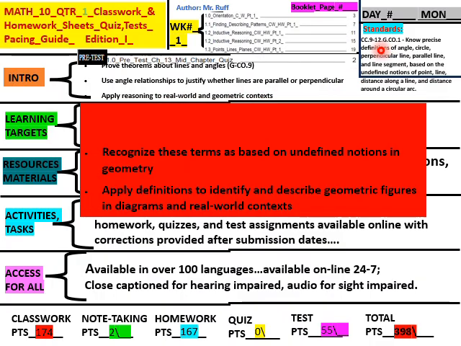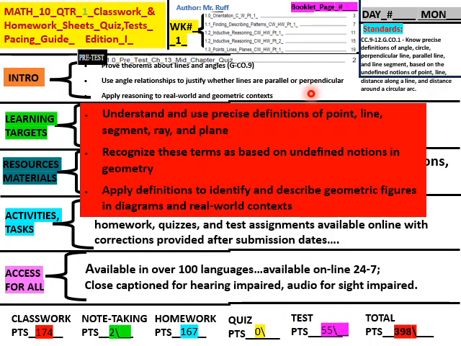And again, another basic standard in week 1 is Common Core 9 through 12, G.CO.1: know precise definitions of angle, circle, perpendicular line, parallel line, and line segment based on the undefined notions of point, line, and distance along a line, and distance around a circular arc.